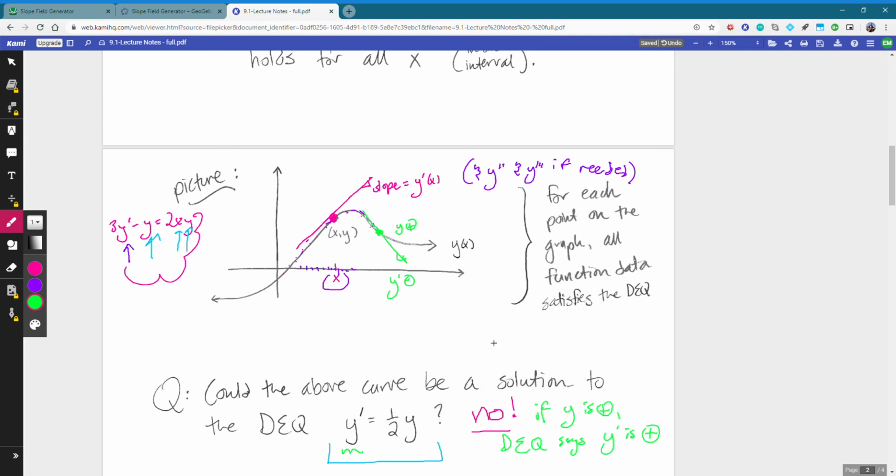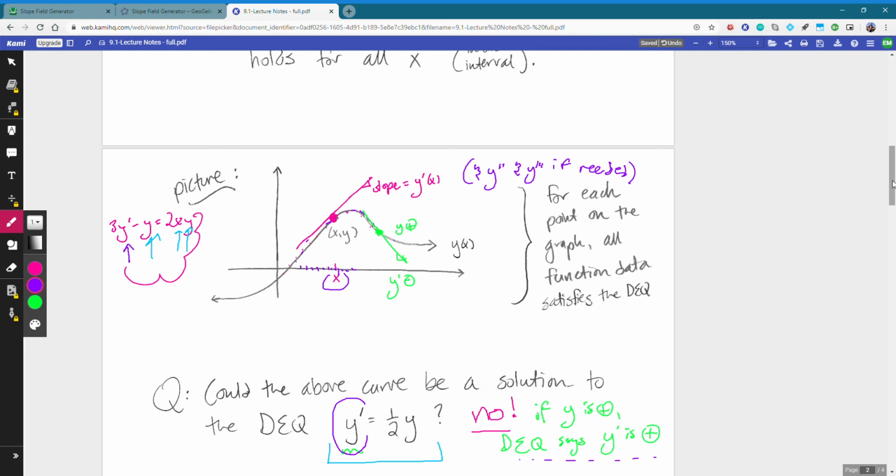But an interesting thing about a differential equation like this is we can actually try and make more precise this idea that we can use our differential equation to tell us what our y prime has to be, what our slope of the tangent line has to look like. We did a little thinking about that here when we said that if y is positive, y prime has to be positive.